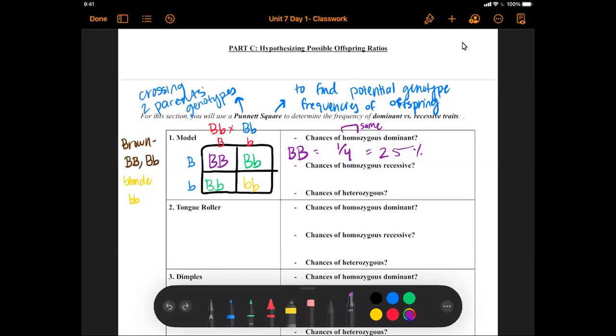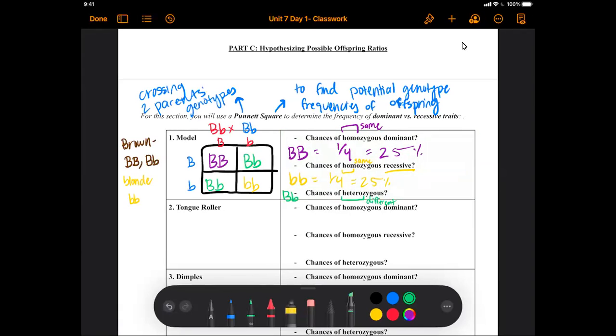All right, what about homozygous recessive? So again, homo means same. We're talking about two of the same recessive alleles, which means two lowercase. Anissa, what'd you get? It would be 1 out of 4, so it would be 25%. Perfect. 1 out of 4 or 25%. And then what about heterozygous? So hetero means different. So we're looking at two different alleles this time, which means one capital, one lowercase b.